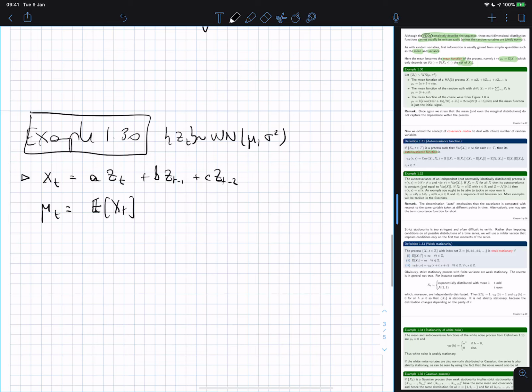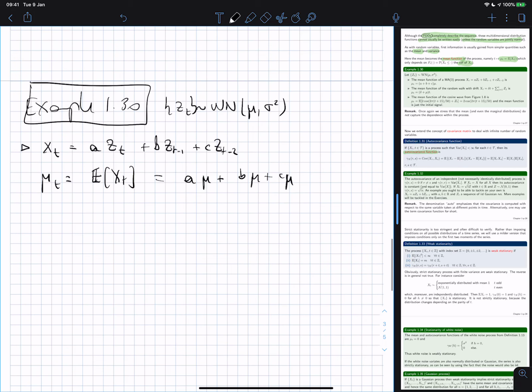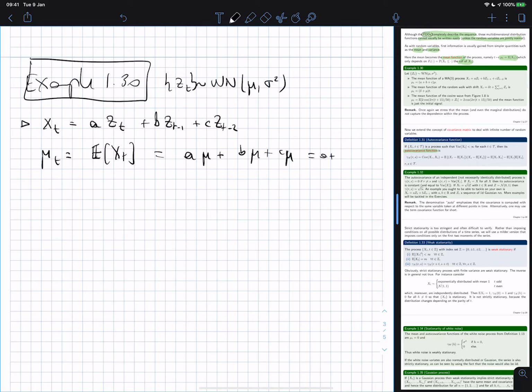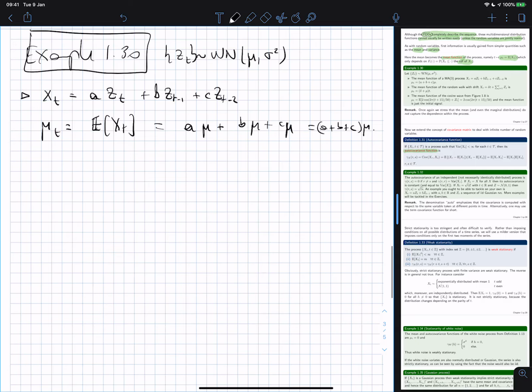That expectation is a mu plus b mu plus c mu, because Zt is white noise, so all these terms have the same mean. So we have (a plus b plus c) mu. I literally would not understand that you find this complicated. If you find this complicated, please send me an email in private, and we need to talk. Okay?